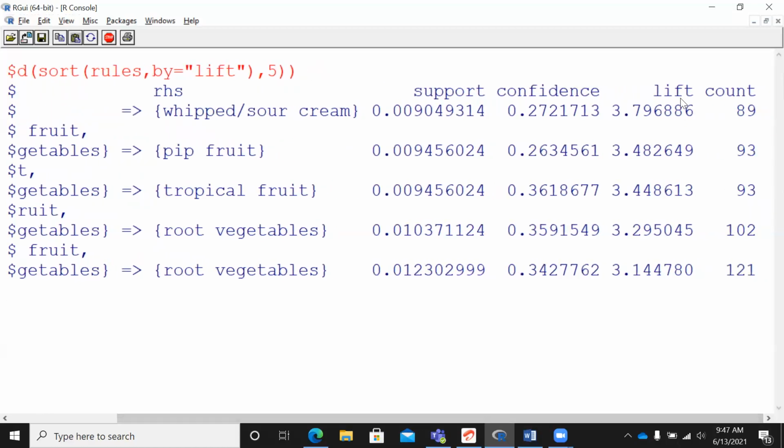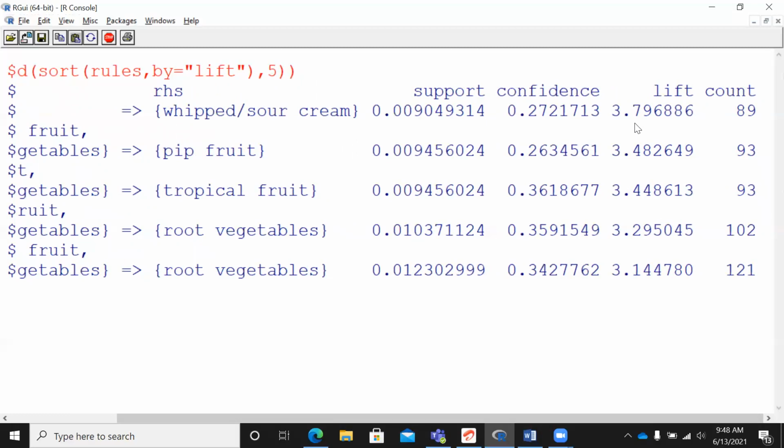Now, how do you interpret 3.79? Very, very important question. Remember, just now we discussed that a lift value which is greater than 1 indicates that A and B are positively correlated.